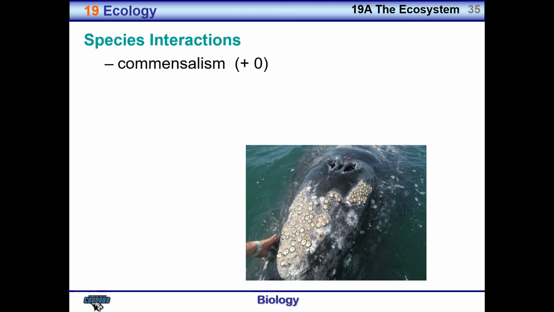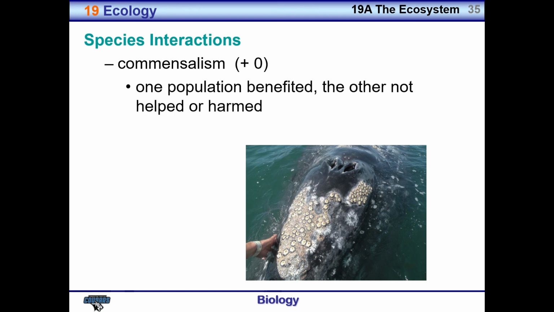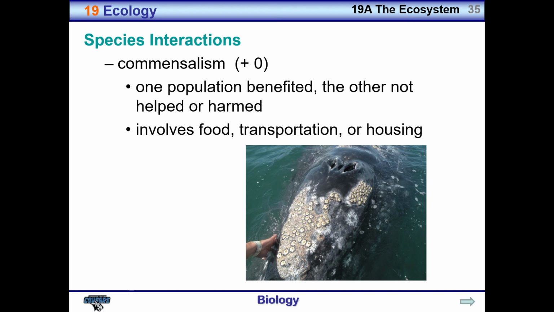Another term is called commensalism, and in commensalism, one population benefits, the other not helped or harmed by it. Like for instance, this whale has barnacles on it, and the whale provides housing, a place for the barnacles to attach, and it provides transportation to another place.